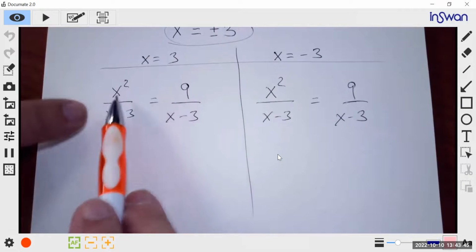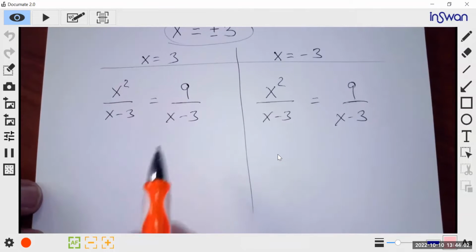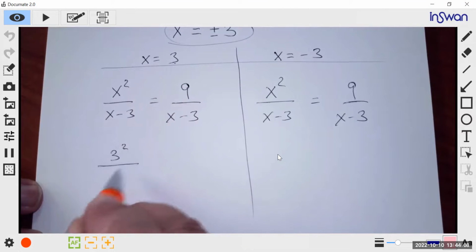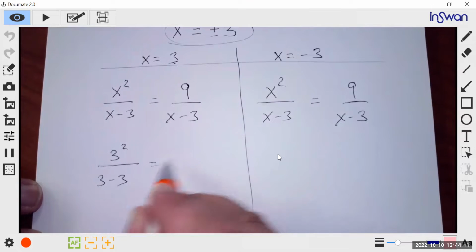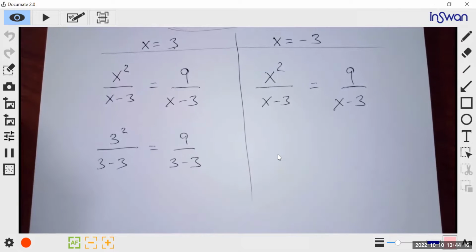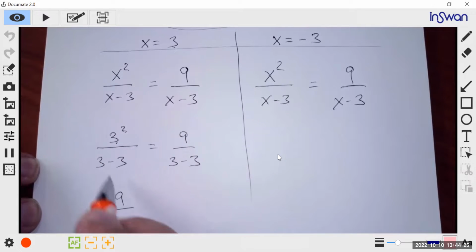So I have X equals 3. Here's the original equation. So plug in on the left side, plug in 3 in place of X. Three squared is 3 minus 3.